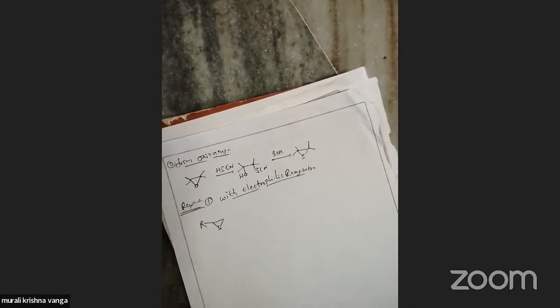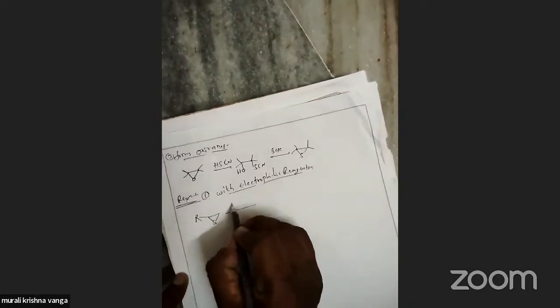Electrophilic reagents. When thiiranes react with HCl, H plus and Cl minus are formed.